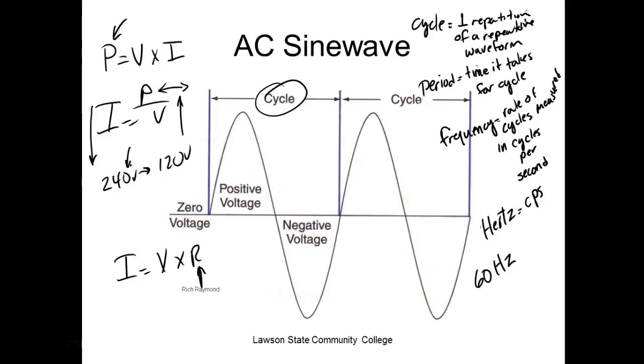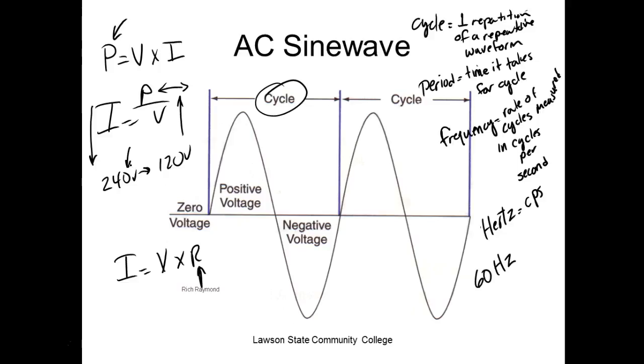All our other devices are designed around 120. So what advantage does low voltage have over high voltage? Safer. What advantage does high voltage have over low voltage? Less current to produce the power.